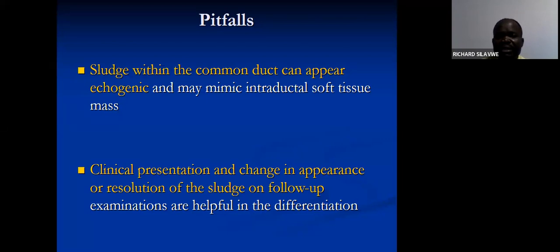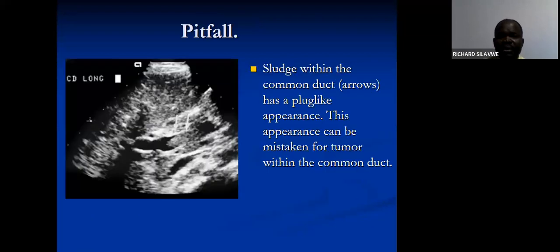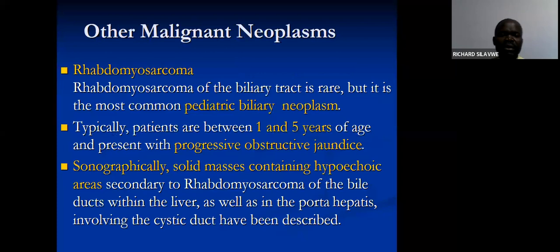Sludge may mimic a soft tissue mass, and yet it is not a mass, it is just sludge. So clinical presentation and change in appearance or resolution of the sludge on follow-up examination are helpful in the differentiation.